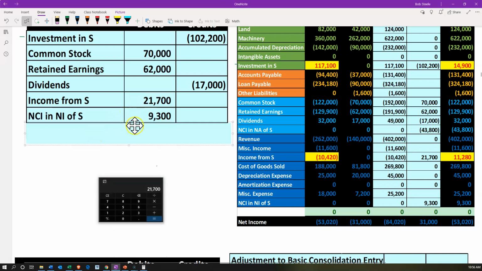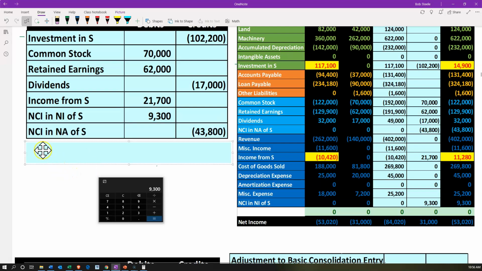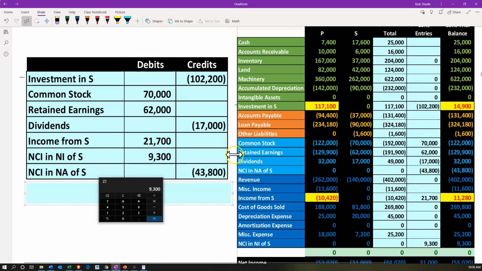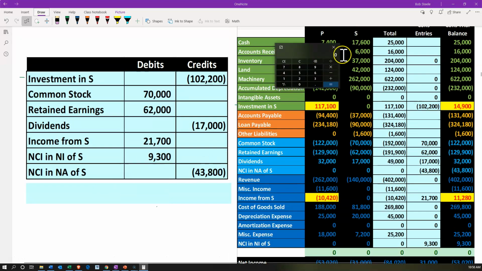Then we're going to have the non-controlling interest. The other side of that 31,000 needs to go to the non-controlling interest right here. So we've got the 31,000 times 0.3 going there. And then we're going to have the non-controlling interest in the net assets. To think about that, let's add up the net assets, assets minus liabilities, green and yellow here.